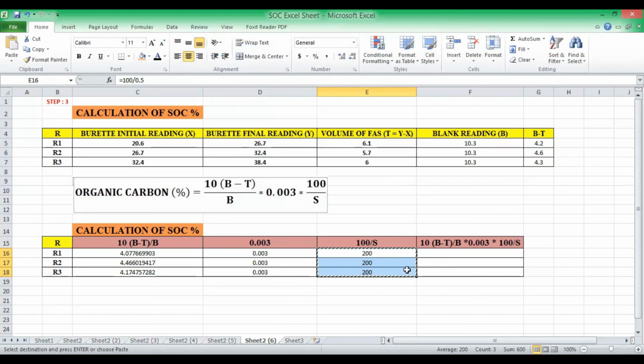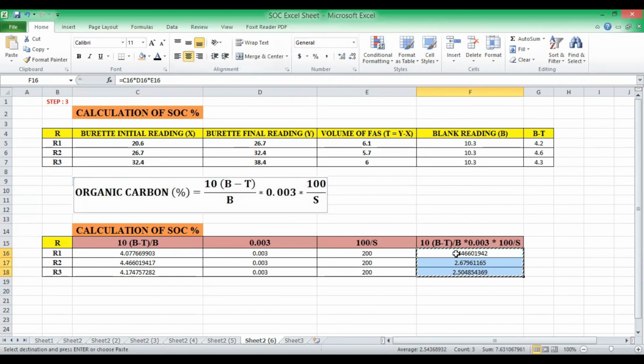So now once we have obtained this, the easiest part will be just to use this last stage. So it's equal to this part with 10 into B minus T divided by B, then you multiply by 0.03, right, into 100 divided by S. This will give you the amount of soil organic carbon for replicate 1, replicate 2 and replicate 3.